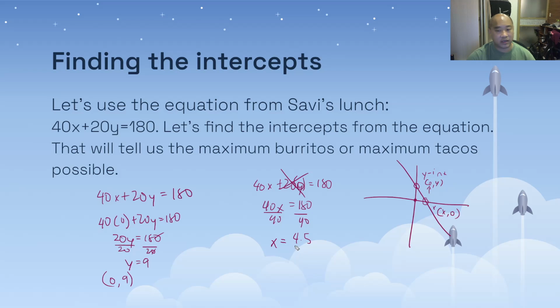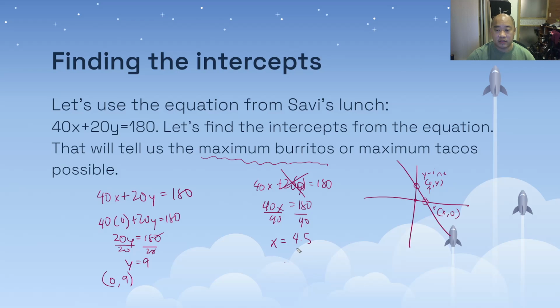This is not an answer that makes sense. We can't buy 4.5 burritos. You're not going to find very many burrito places that are willing to cut their burritos in half so that you can buy half of it. So if we're trying to find the maximum, burritos is going to be 4. If you're answering this on some sort of assessment, you would say 4 burritos.